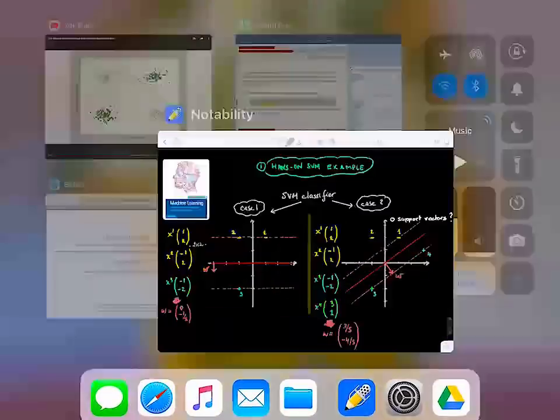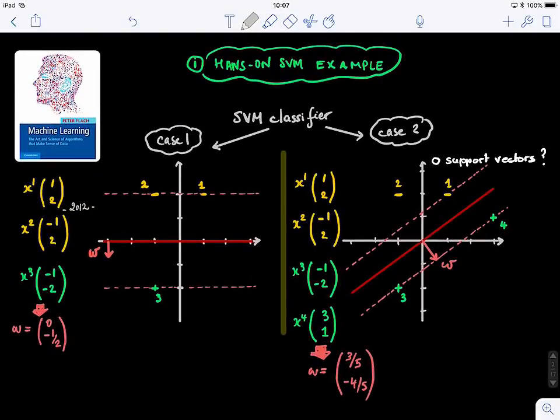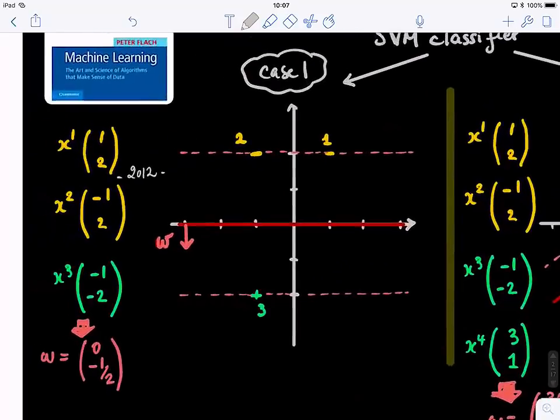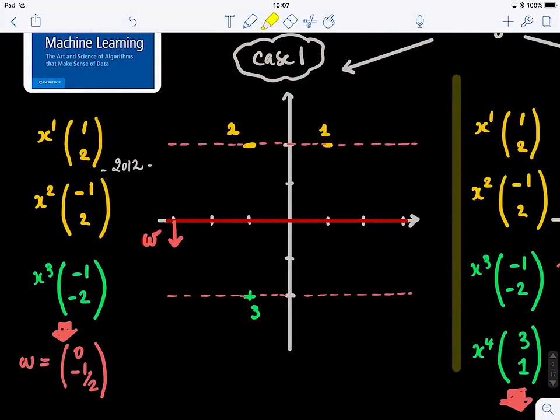Okay, so let's look at these two examples now in a very simple and intuitive way. So what do we have? The first case here, we have 3 points: 2 negative points belonging to, let's say, class 1, and 1 positive sample belonging to class 3.